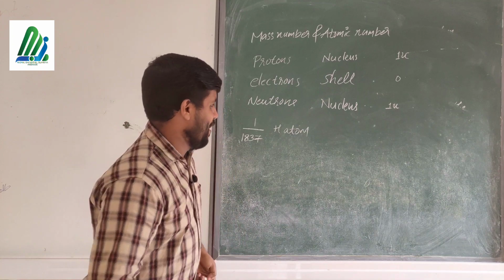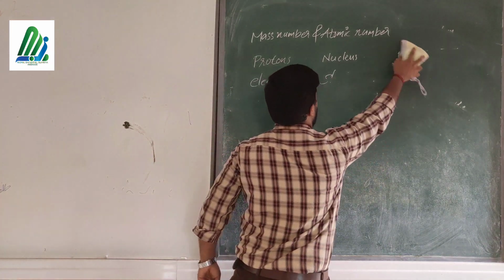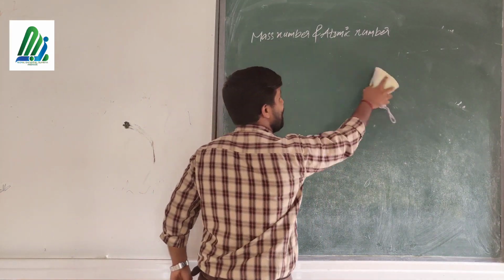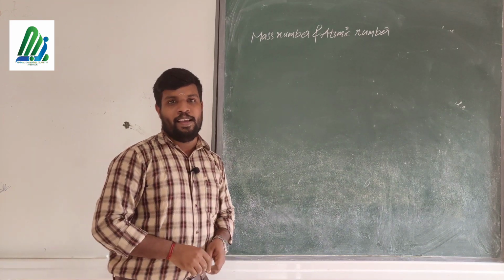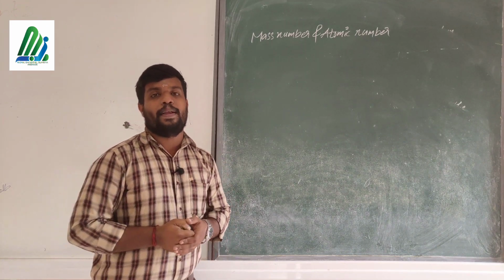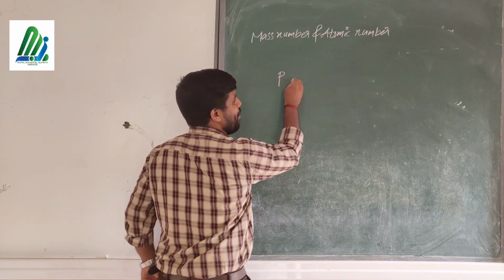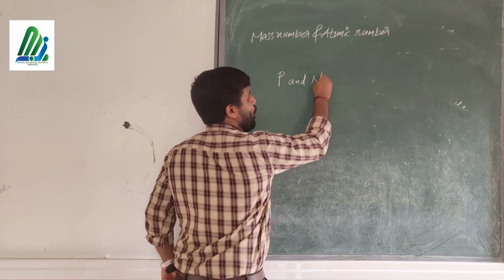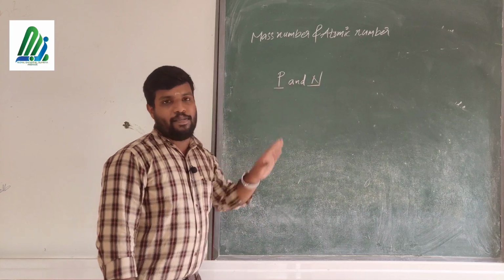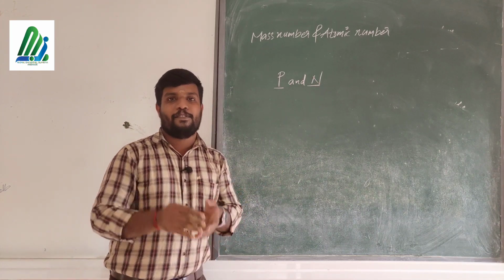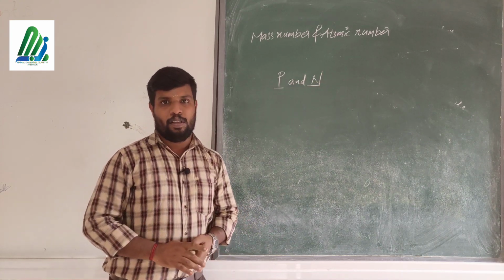So my question is: if we want to know about an atom's mass, which fundamental particles do we consider? Yes, mainly the protons and neutrons, because they have a mass of 1 unit, and the electron is 0.